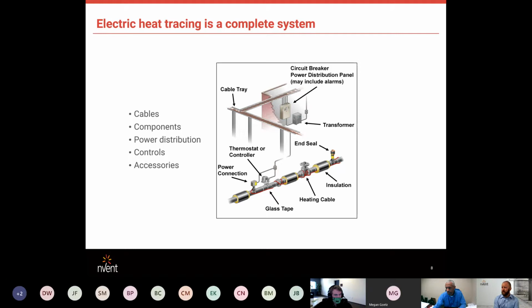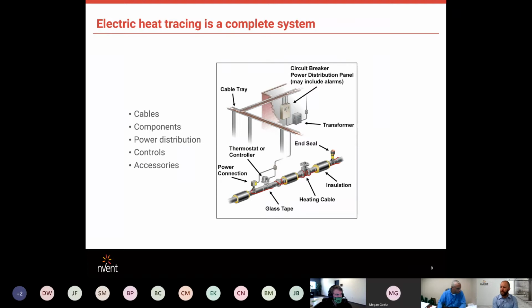So when I discuss heat management systems, this is typically the scope that I am considering, and that I like to get involved in and have some influence over, or at least knowledge of, so that I can properly design a system. If I'm strictly looking at on-pipe only and don't have a full understanding of what's going on upstream or downstream, it limits my understanding and limits me from choosing the best possible product for that application.